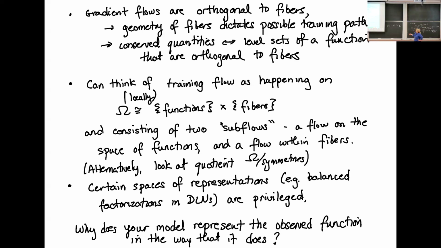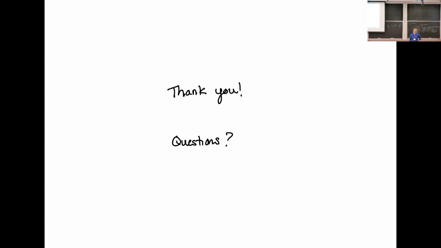I'd like to suggest thinking of your training or calibration process as consisting of two pieces: adjusting your function and then adjusting your representation of that function. The question is, which representations are privileged? Why does your model represent the function the way that it does?